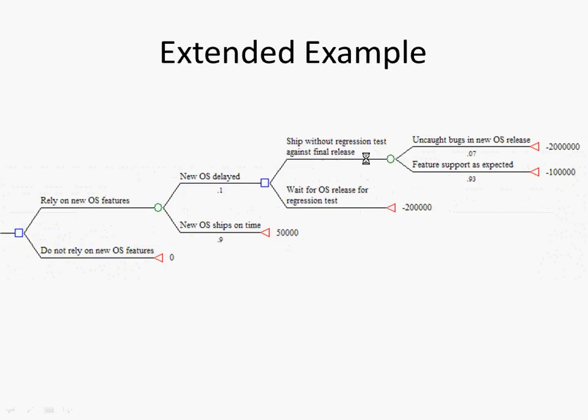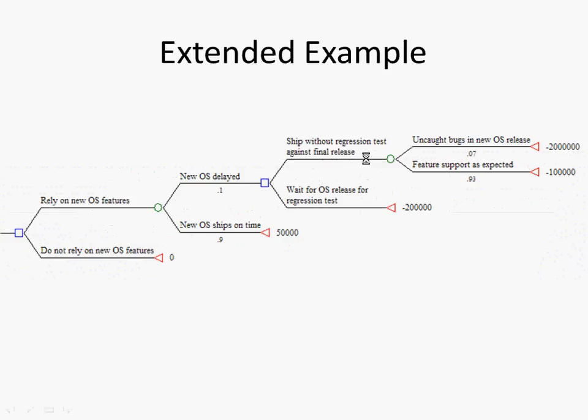If we try to push the envelope and get our software out there to the stores, if things are fine, if you feel lucky today, feature support is as expected, you end up losing less money than you would have otherwise. But if you have a bad situation where you've gotten to the stores and then you find there's a glitch, you've lost a huge amount of money.